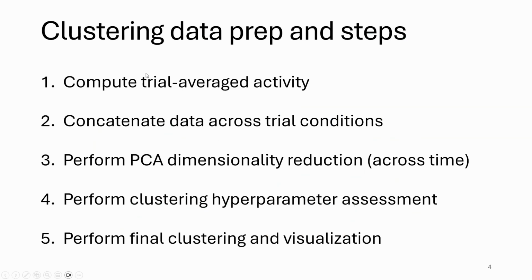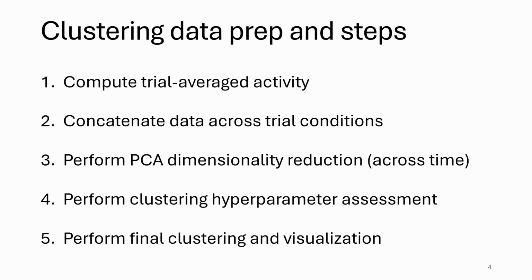So this is a broad overview of the steps. First off, we want to prepare the data to compute trial average activity. Partially the reason we do the trial averaging is that if we didn't, the data would be in the format of cells, time, and trials, but these algorithms need two-dimensional data.